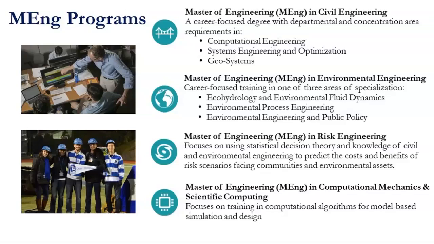The Master of Engineering in Risk Engineering, one of our new programs, focuses on statistical decision theory and knowledge of civil and environmental engineering for predicting costs, benefits, and risk scenarios facing communities and environmental assets. Another new program, the Master of Engineering in Computational Mechanics and Scientific Computing, focuses on training in the use of computational algorithms for model-based simulation and design.